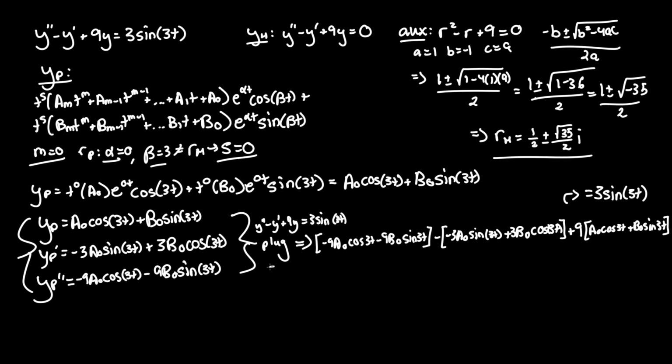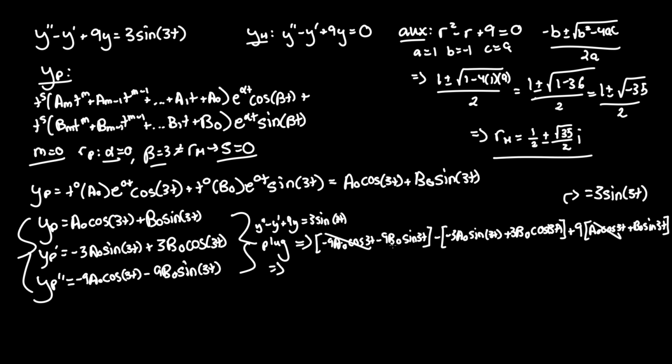So let's do a little bit of simplifying. Without even doing anything, you can immediately tell by inspection, negative 9a cosine of 3t gets cancelled all the way over here by plus 9a cosine of 3t. So you can cancel these two terms out.